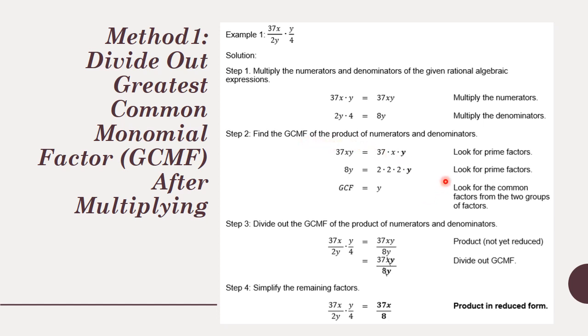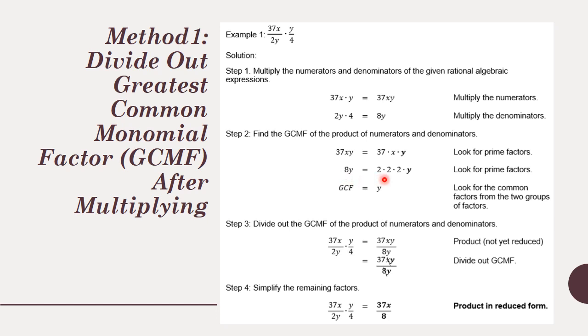First we're going to look for the prime factors of the numerator and the denominator. We'll factor the numerator first. We have 37xy, so if we factor that, we have 37 times x times y. Same goes for the denominator, which is 8y.